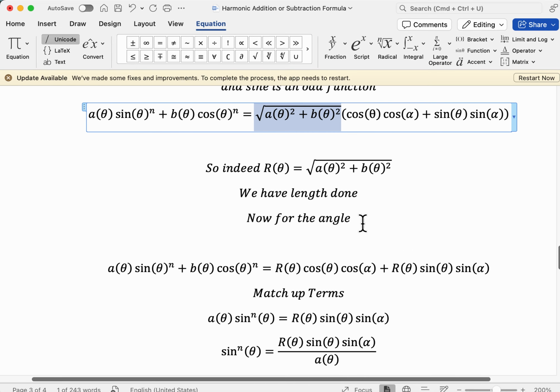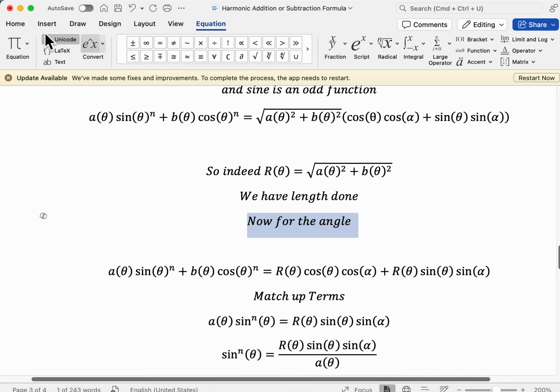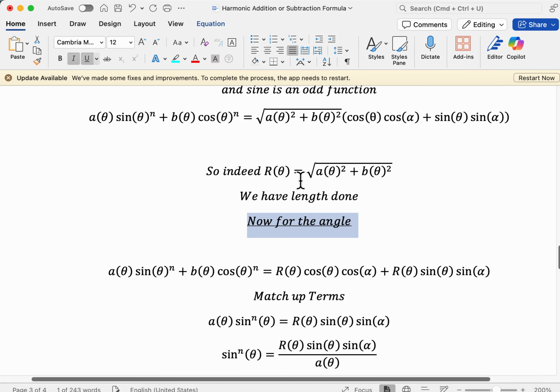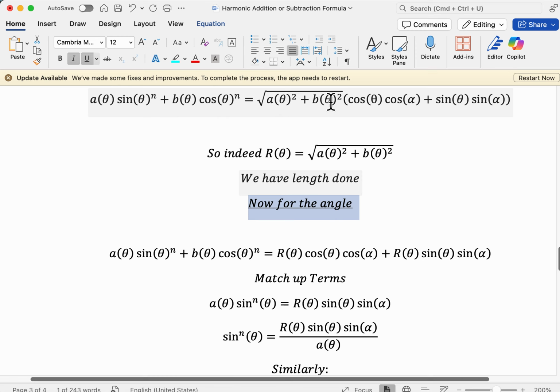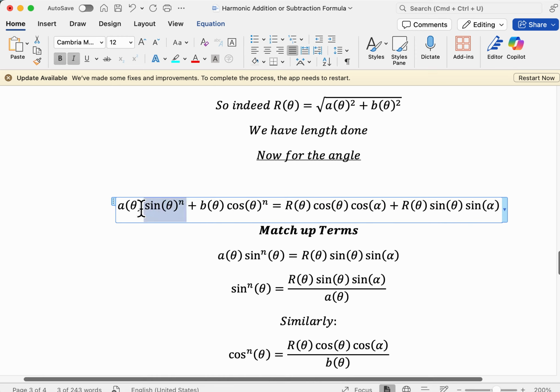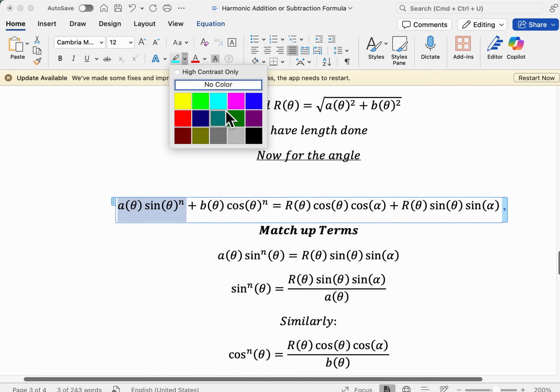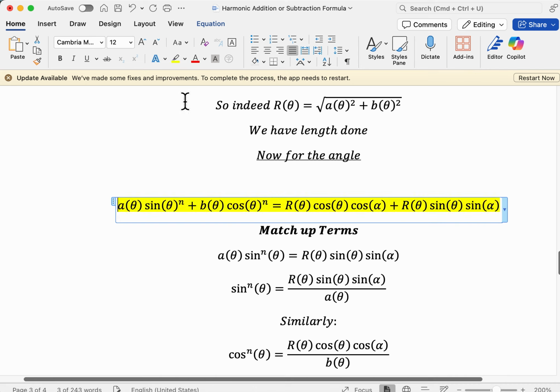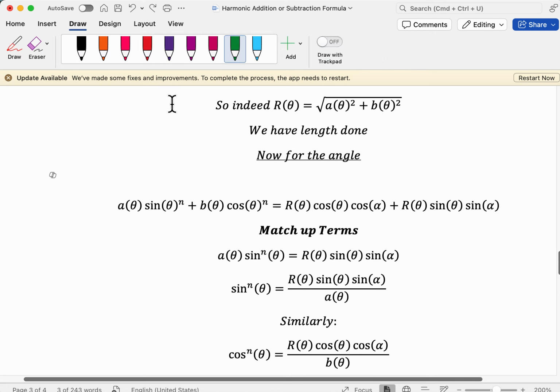And now how we parameterize the angle, as seen over here, is to basically split this up into a product of two terms, and then we're going to match them up. Play match the terms, match the puzzle pieces, and so forth. So this term over here matches up with this term.